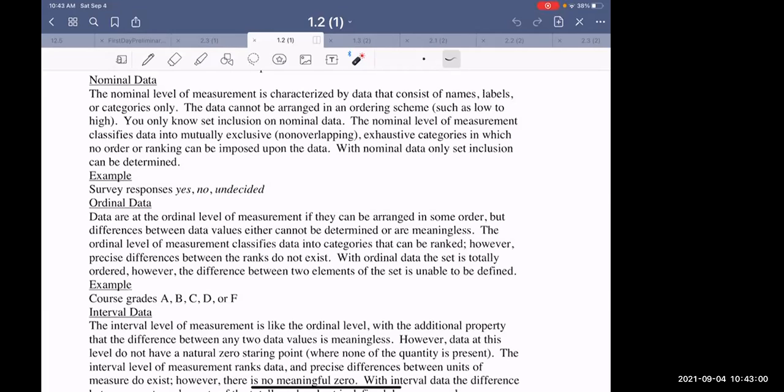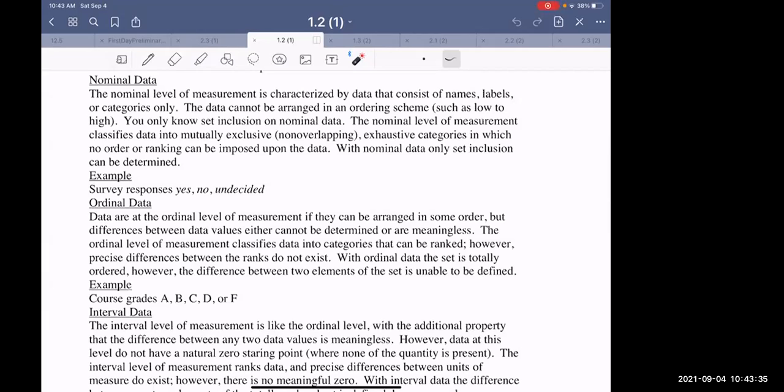So that is ordinal data. Order. There's an order on it. So you have ordinal data if there is an order, and nominal data if you only know the name. So nominal, name; ordinal, order. Things like course grade: A, B, C, D, F. I can say you're in the category of A, you're in the category of D. There's an order.